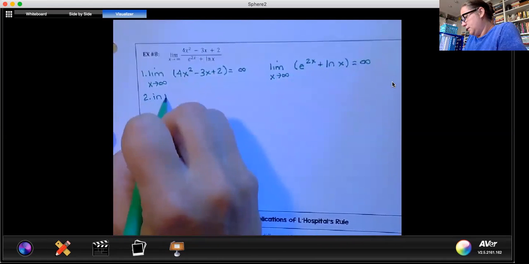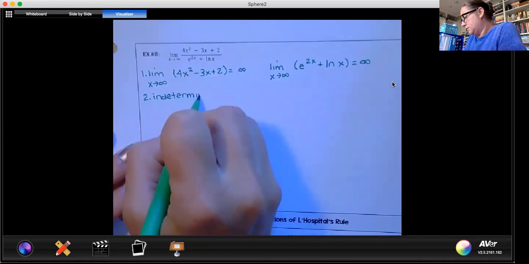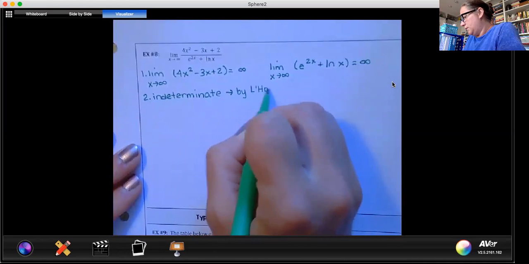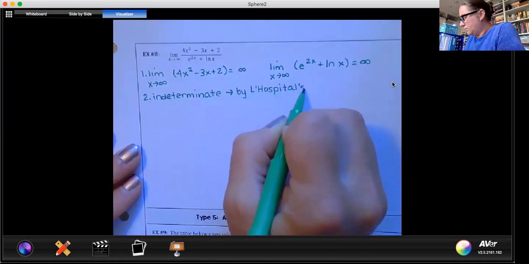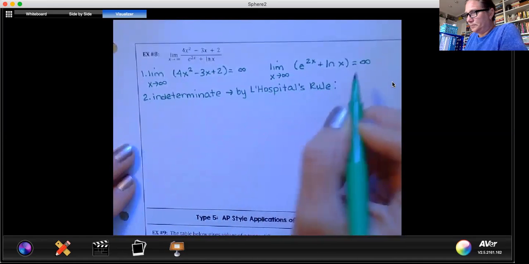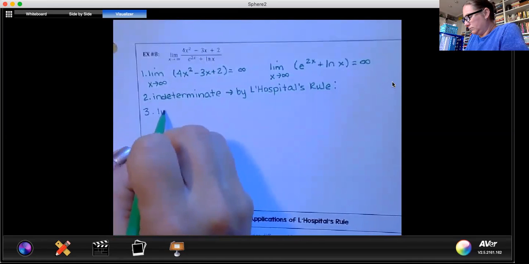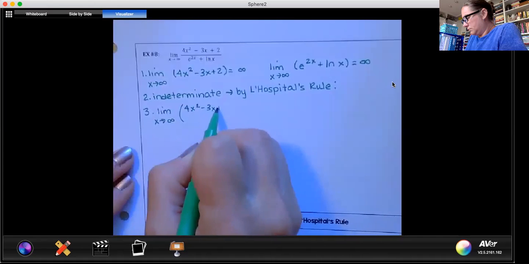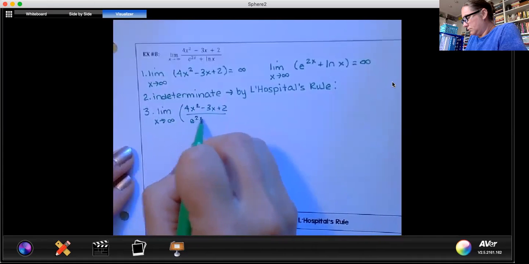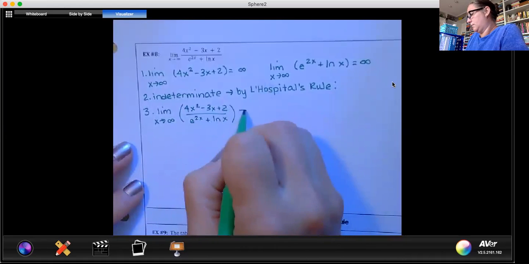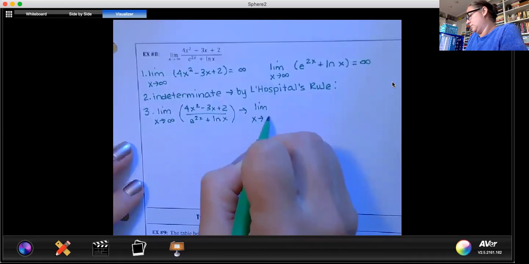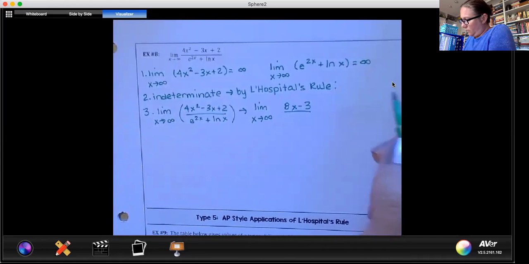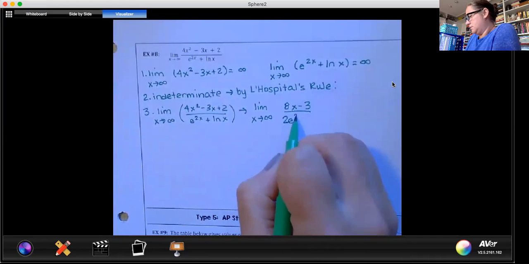So indeterminate, by L'Hopital's rule, so 8x minus 3 over 2e to the 2x plus 1 over x.